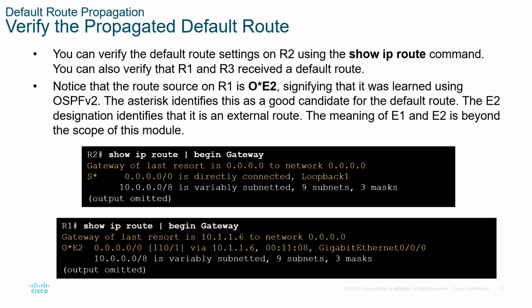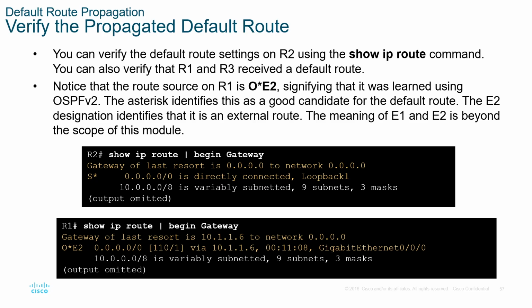It's got an asterisk because it's a default route, and it's got E because it's external. And it has a number, 2. What does that mean? It's the type of external route.